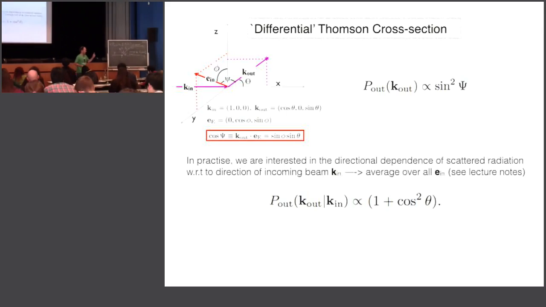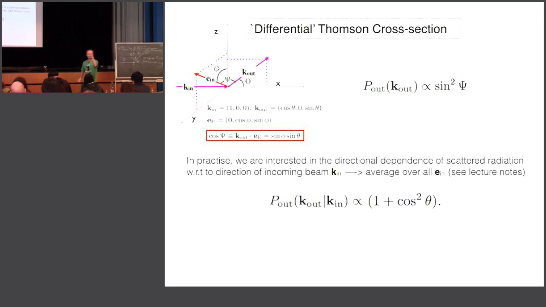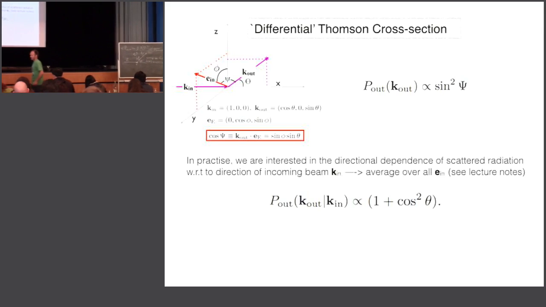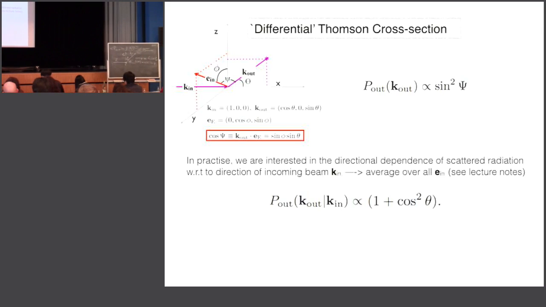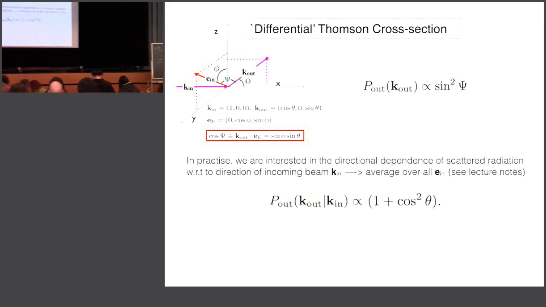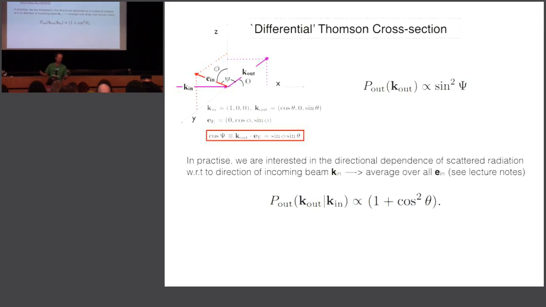Just to stress, this 1 plus cosine theta squared averages over all possible orientations of the electric vector. This is a very famous result, that the scattering amplitude goes as 1 plus cosine theta squared. This is also known as Thomson scattering or dipole scattering, right?